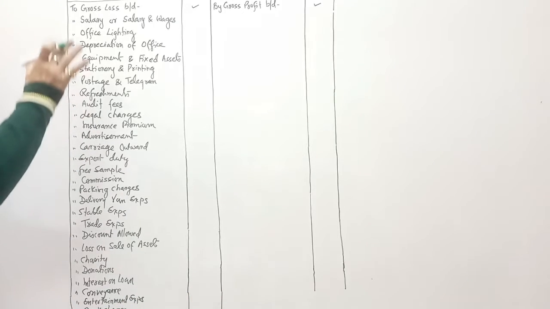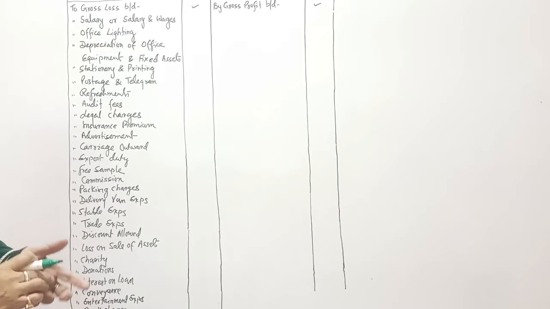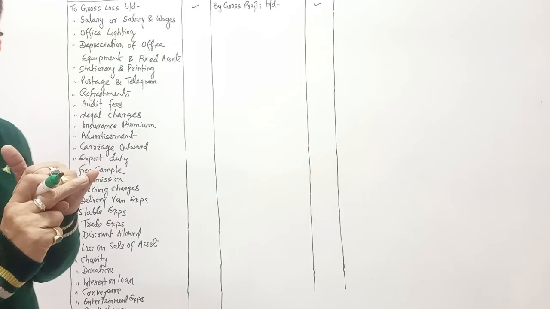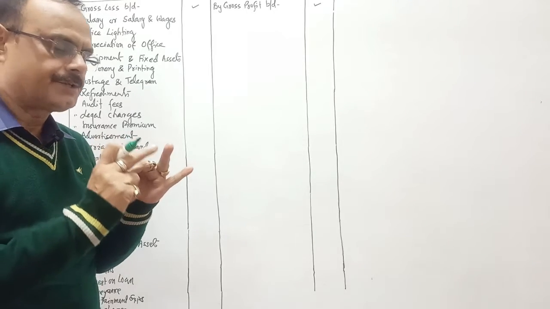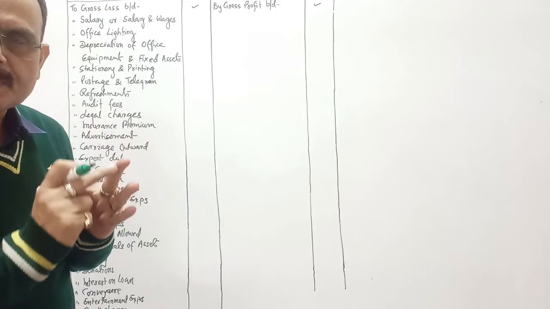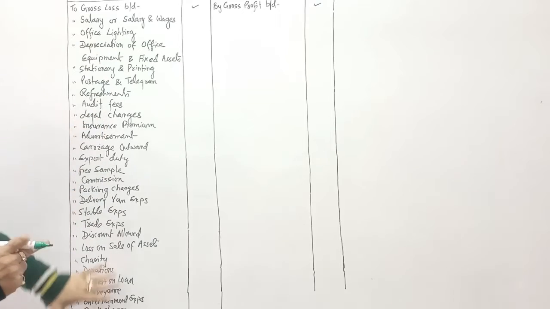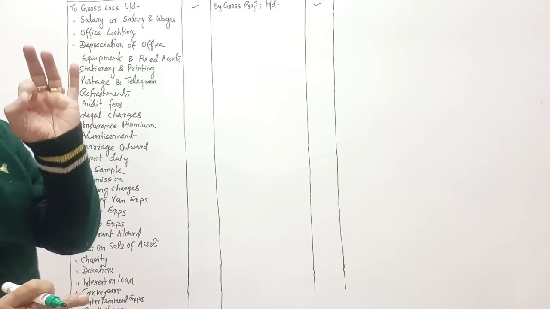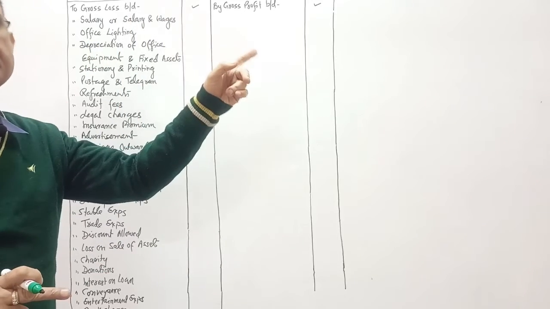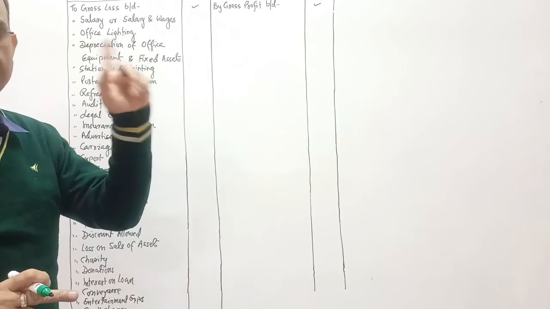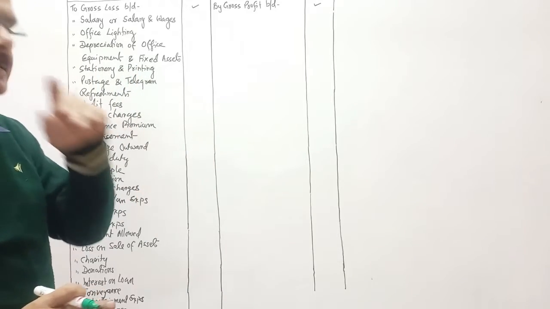So write all indirect expenses on the debit side, all indirect expenses related to office and administrative, selling and distribution, financial charges, other expenses and losses. We will write on the debit side all revenue expenses and losses other than those written in the trading account. In the trading account debit side we have written all direct expenses.